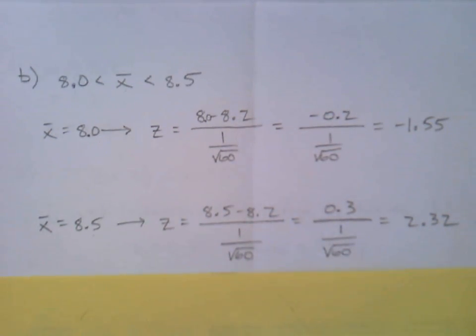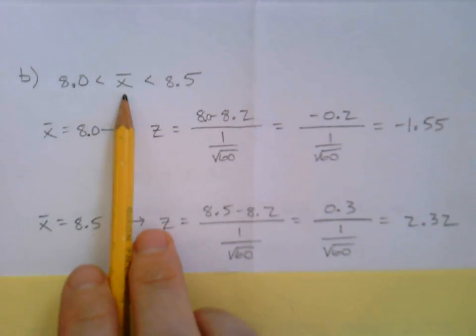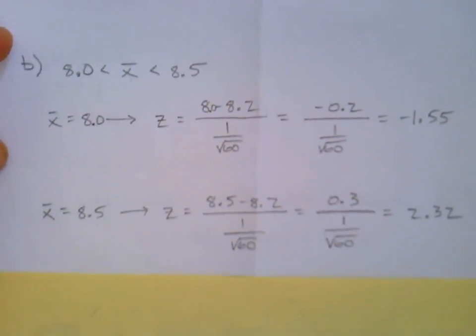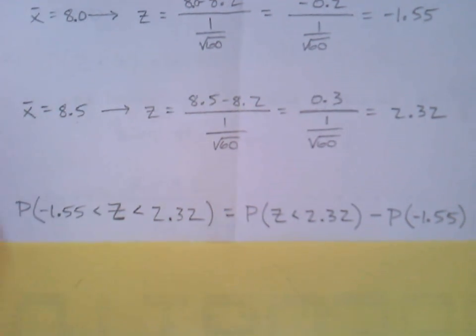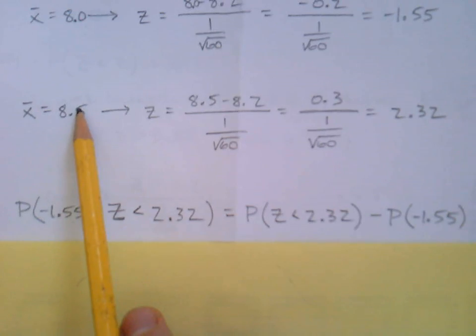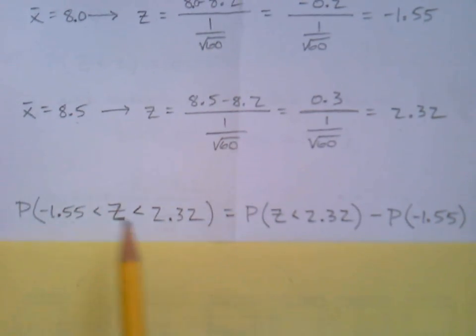Make sure you get 2.32 as that z-score. Now that we have these two z-scores, and we're thinking that it's between, we're going to find the probability that capital Z is between negative 1.55 and 2.32. X is between these. That means Z is between these.